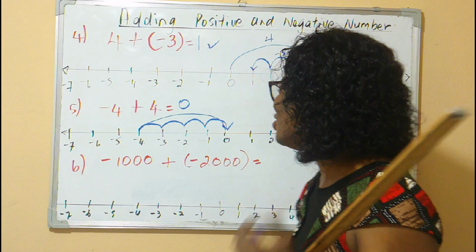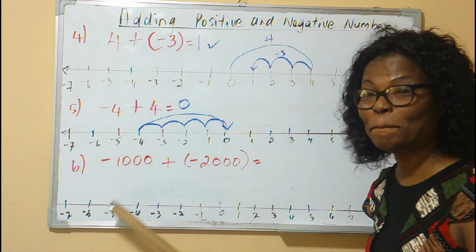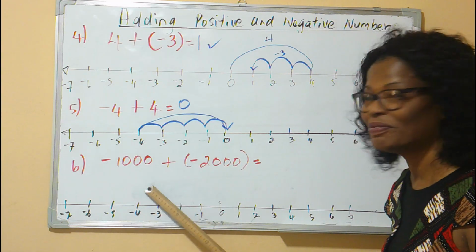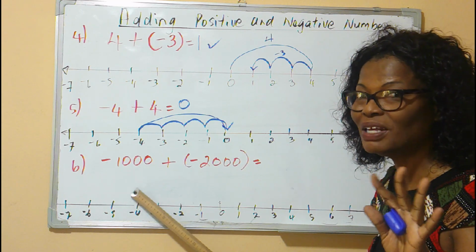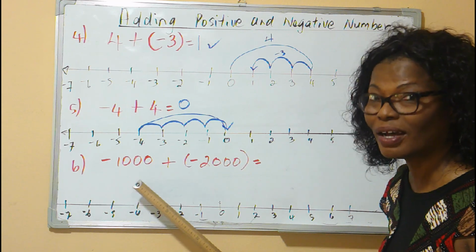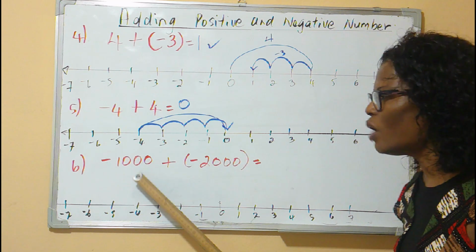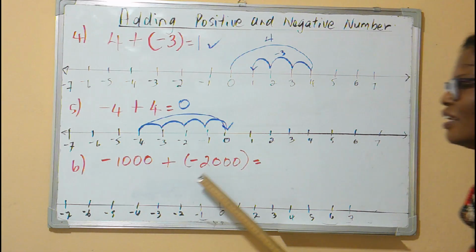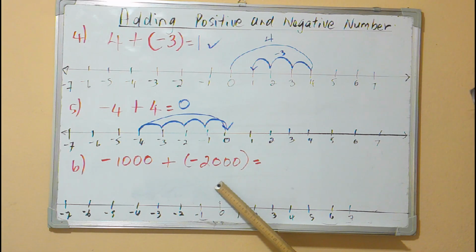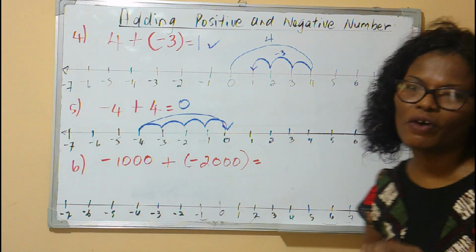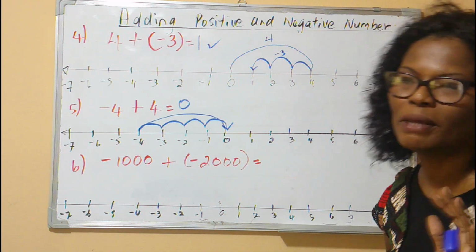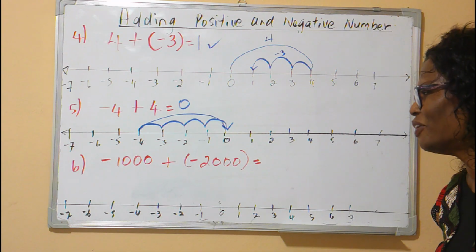Alright? So the last one is we have bigger numbers to deal with. Don't get scared now, please. Calm down. It's negative 1,000 plus negative 2,000. Reason that out for me, because you think about the money part first before you look at the number line.